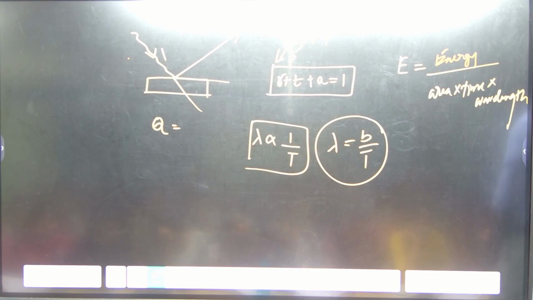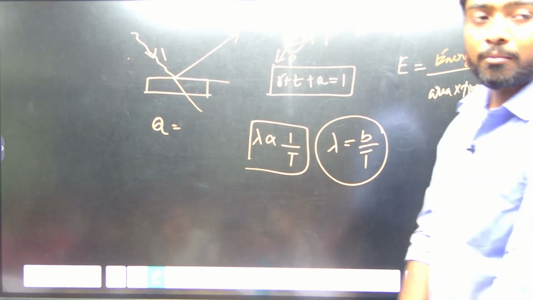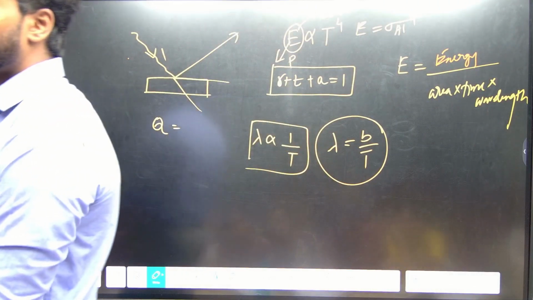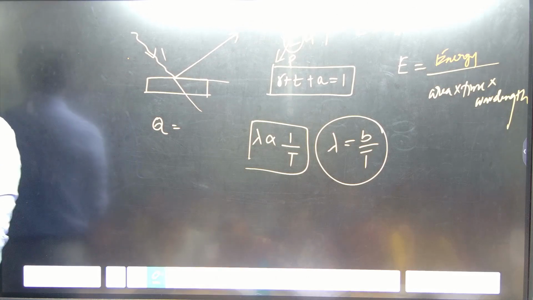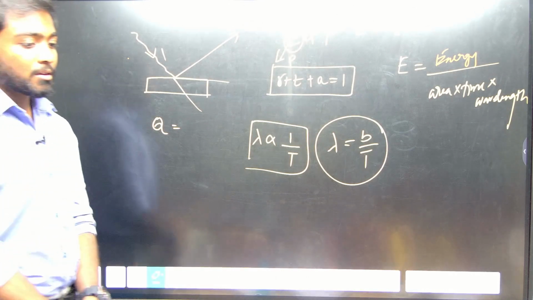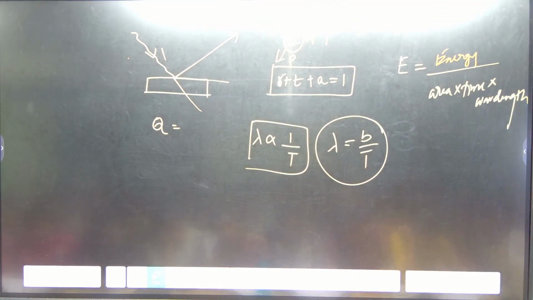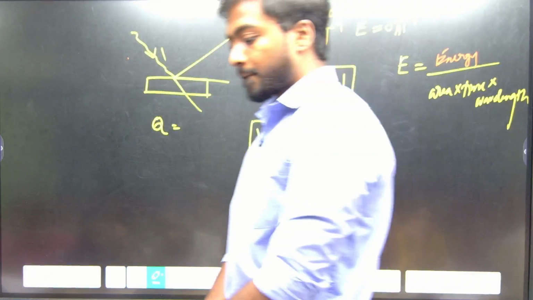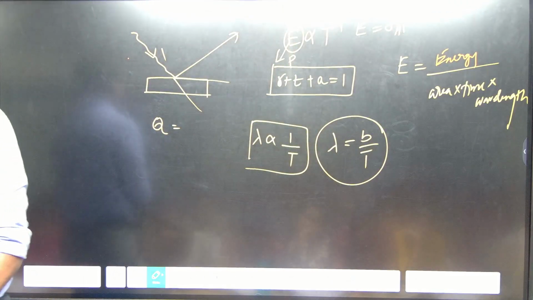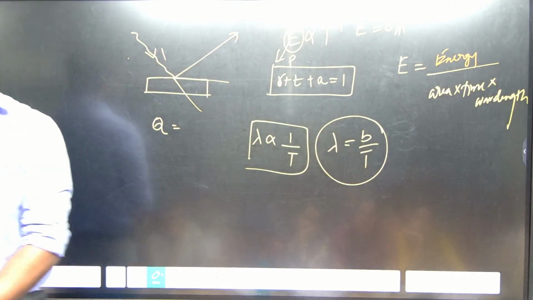Sigma is the Stefan-Boltzmann constant. Okay, completed?